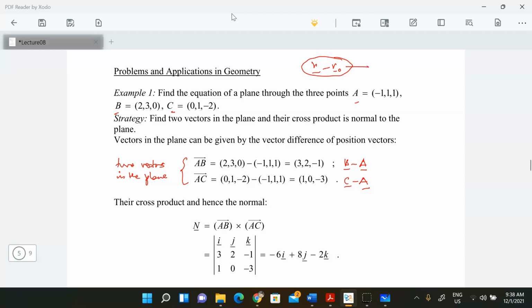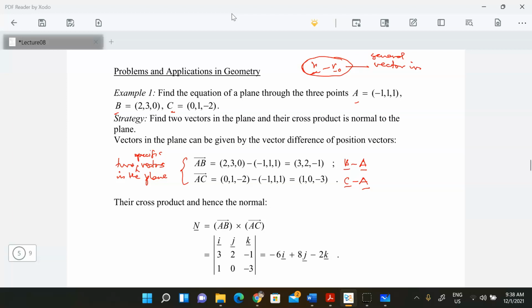Here is a general vector in a plane. Why is this general? Because you have an unspecified position vector here. Here are two specific vectors, which are given through the points given in the example.